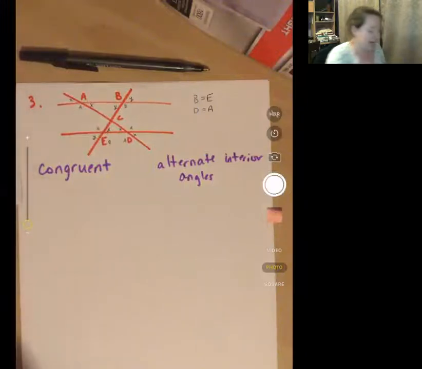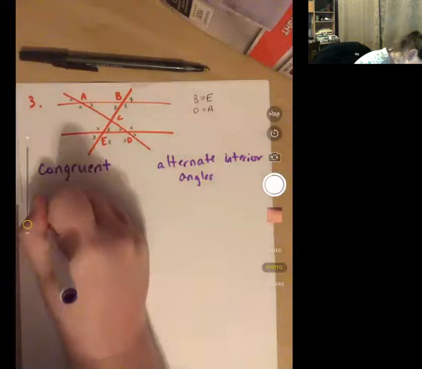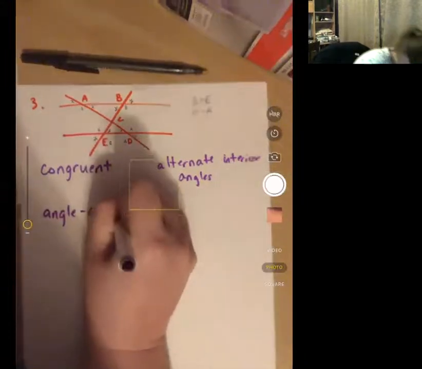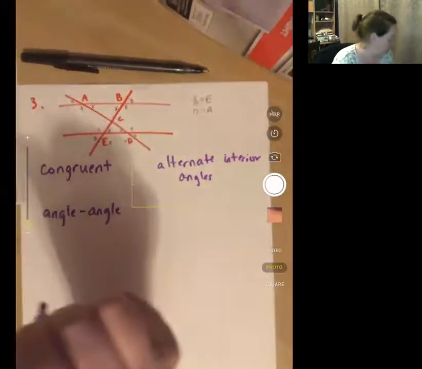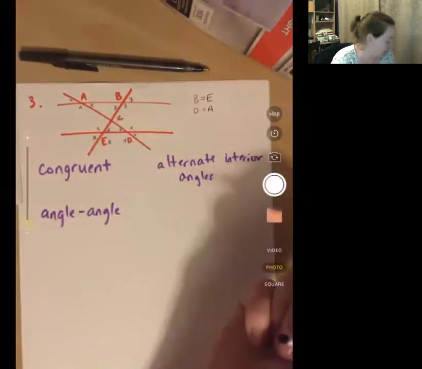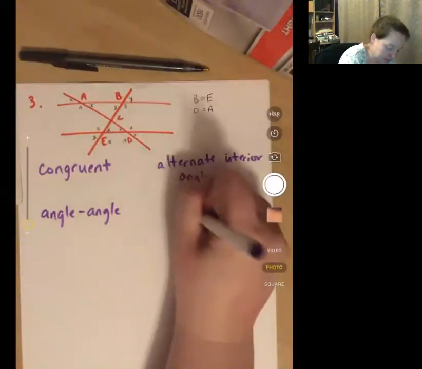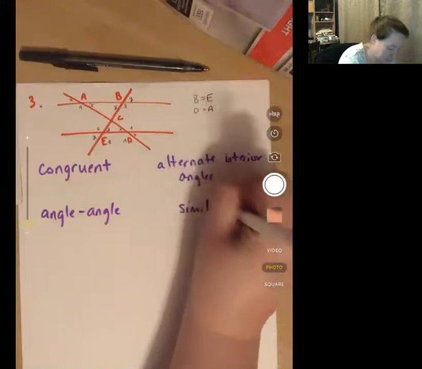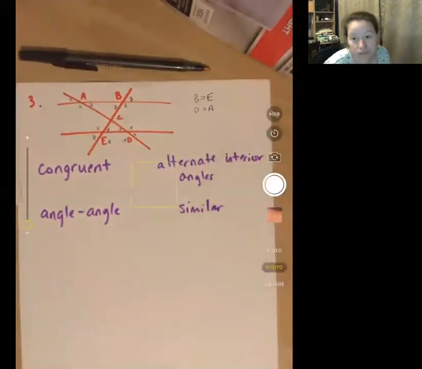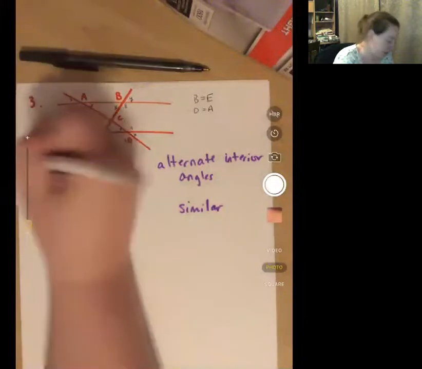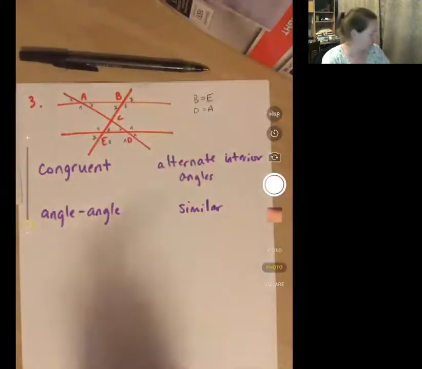Yeah, by angle-angle, triangle ABC and triangle DEC are similar. Okay, so this is all number 3 in the colors there.